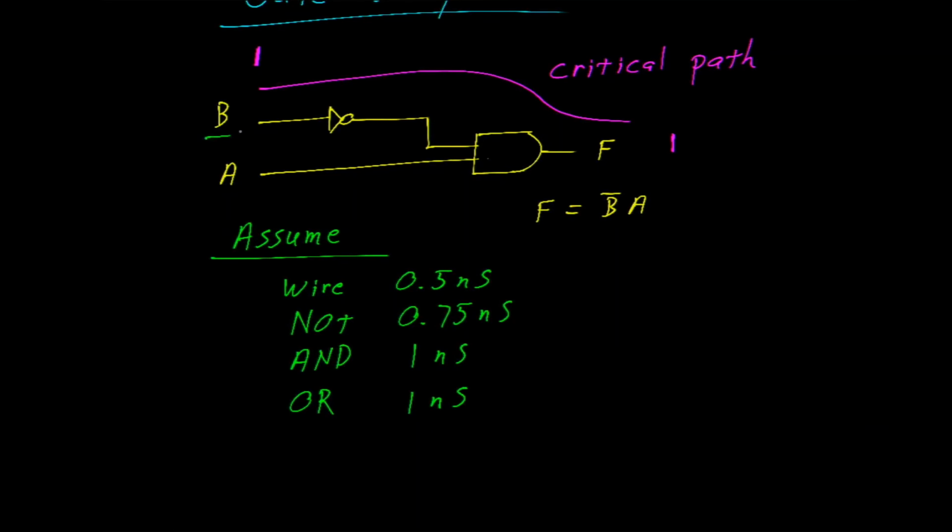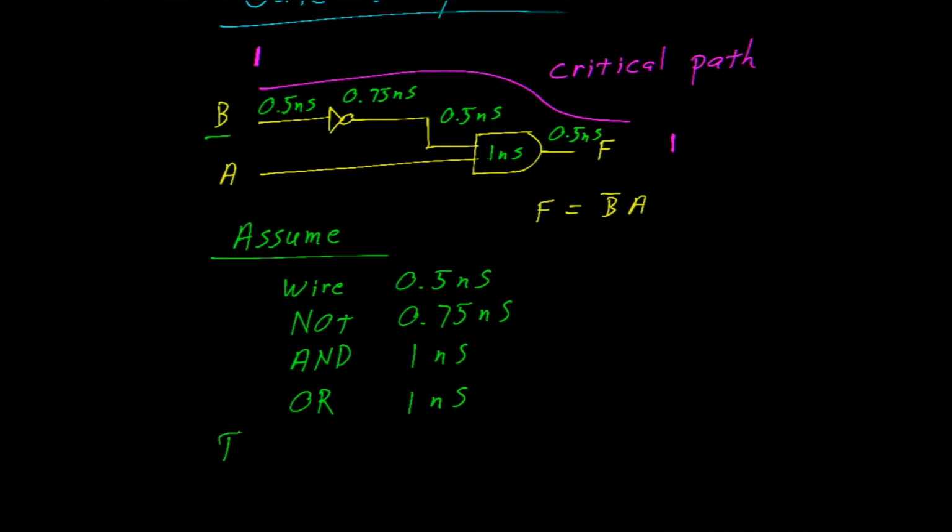Starting here at input B, we encounter a wire. So there's our first half nanosecond. This inverter, 0.75 nanoseconds. A wire leading to the AND gate, yet another half nanosecond. The AND gate itself, 1 nanosecond. And finally, another wire.